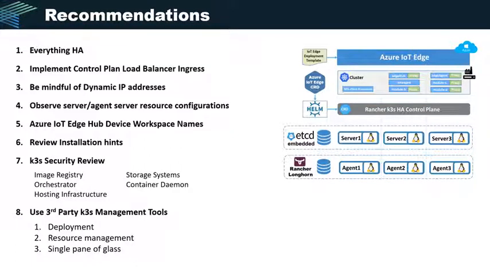I can't emphasize more the K3s security review. Kubernetes' security model is somewhat open. Kubernetes doesn't have any real intrinsic security issues, but they tend to leave things somewhat open to make it a little bit easier to install. So you've got to watch out for those sort of things, but also watch your image registry.